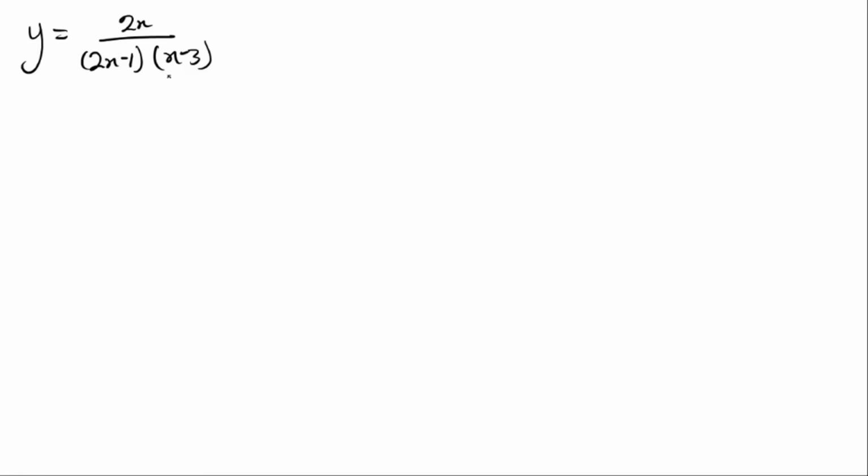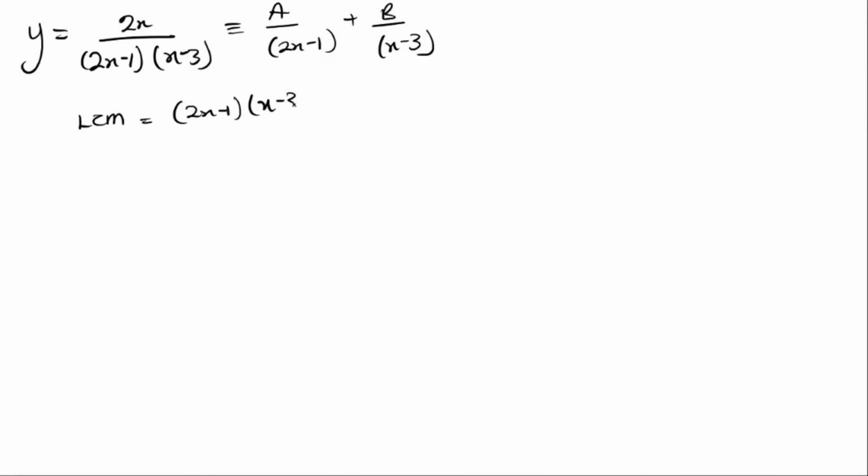So in that case, this is equivalent to, let's say, a function a over (2x minus 1), then plus b on (x minus 3). So from here we say the LCM is the product of these two functions, so (2x minus 1), then (x minus 3).